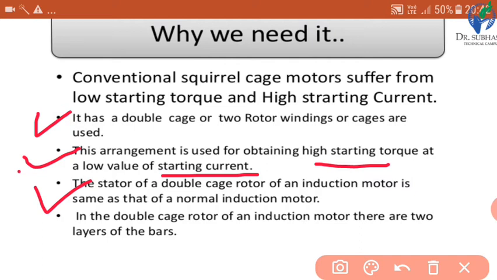It means the stator is the same as the normal induction motor, but in the rotor there is a change. What is the change? There are two layers of bars in the case of the double cage rotor. So the change is on the rotor side.